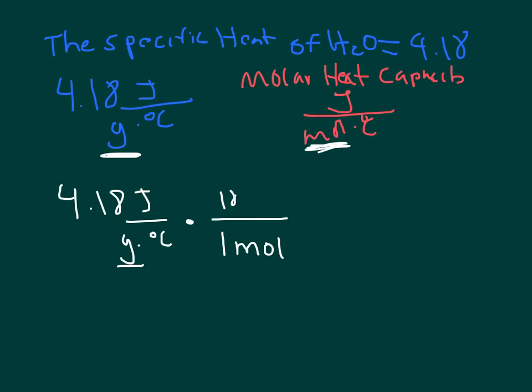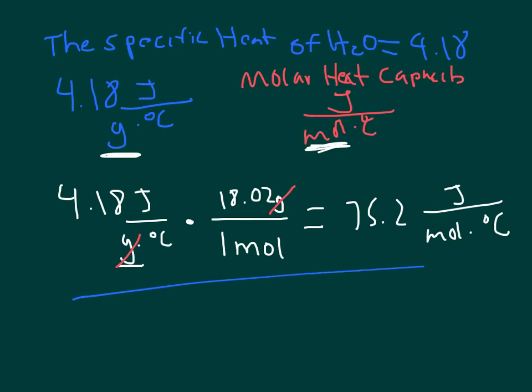Well, I got around 18.02. So now you just multiply this out: 18.02 times 4.18. The grams cancel out, so now you get a value of 75.2 joules per mole times degrees Celsius. And that is it.